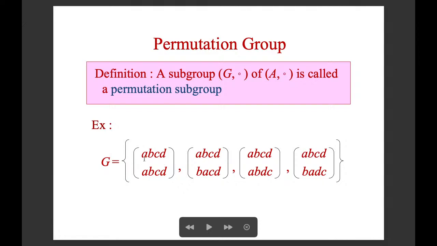So recall that if we consider all the permutations of A, B, C, D, there should be 4 factorial, which is 24 different items here. But here, G doesn't have 24 items. It has just 4 items. But we will see that for these 4 items, this is a group. So how do we check it is a group?